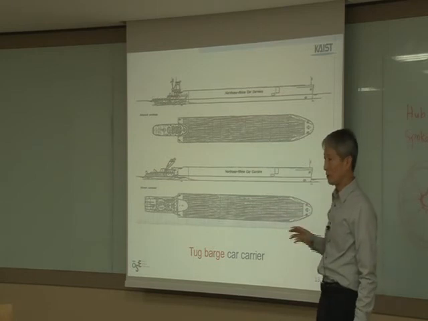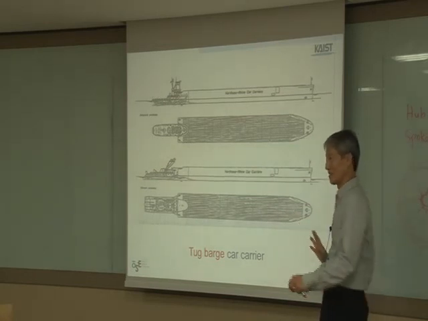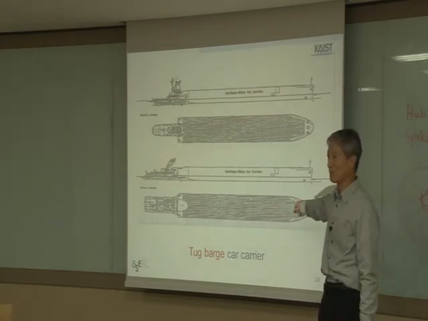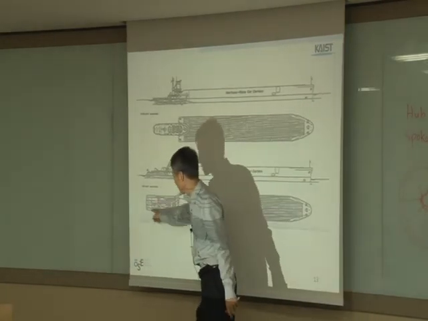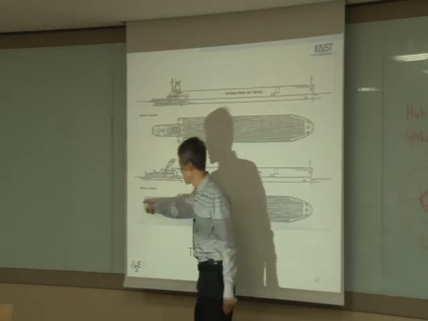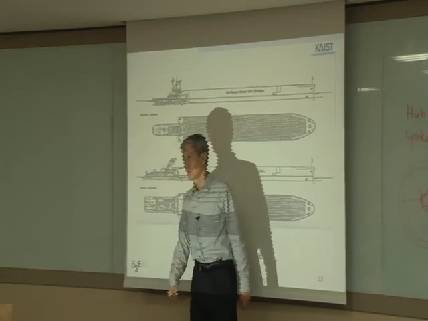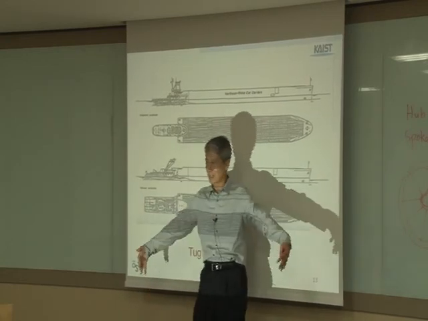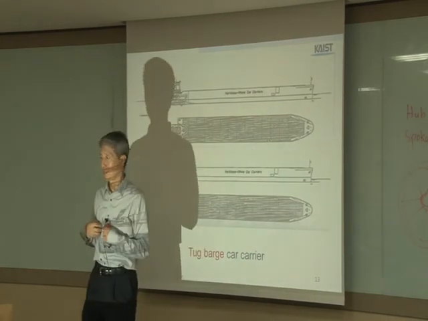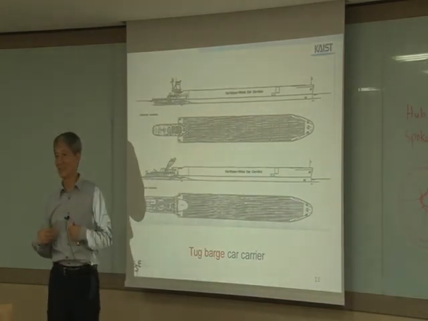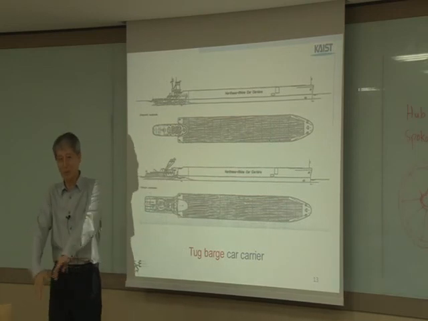Oh, the pusher can change direction. Same as a ship. If you think of this as one single ship, there is one single propeller there. But the tugboat should have a bigger propeller than itself, right? Bigger, and the rudder is also big.